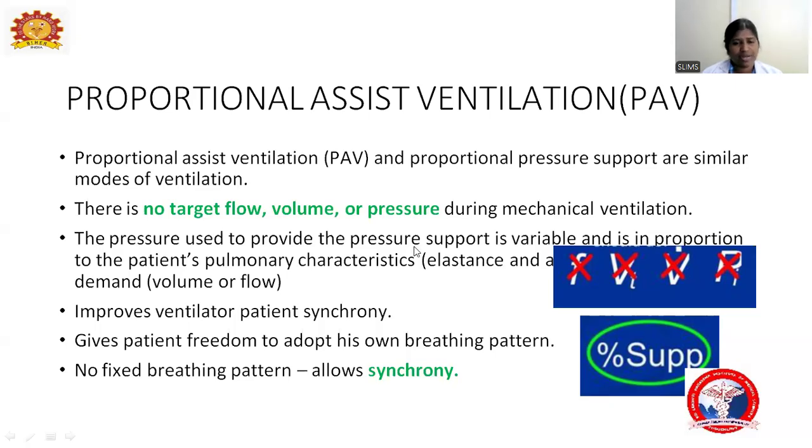The pressure used to provide the pressure support is variable and is in proportion to the patient's pulmonary characteristics. It improves ventilator-patient synchrony, gives the patient freedom to adopt his own breathing pattern, and there is no fixed breathing pattern. So it will allow synchrony with the patient. So it is 100% supportive only.